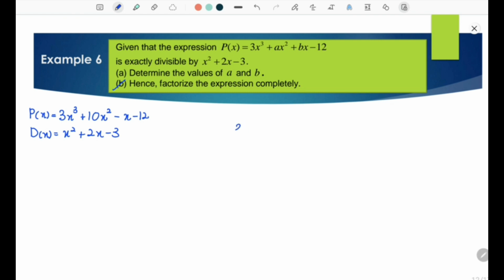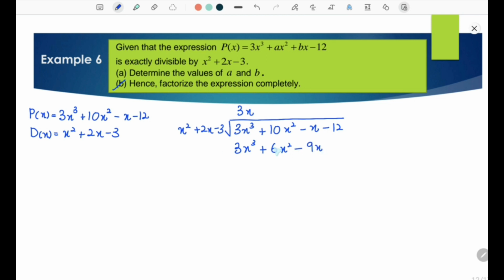So we're going to take 3x cubed plus 10x squared minus x minus 12 divided by the divisor x squared plus 2x minus 3. Now let's try to eliminate 3x cubed, so I'm going to take 3x multiplied with this divisor. We're going to get 3x cubed plus 6x squared minus 9x.